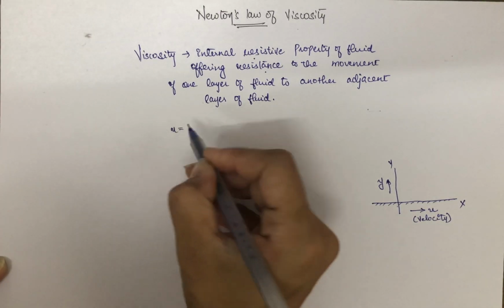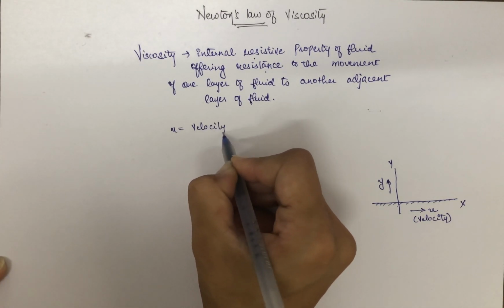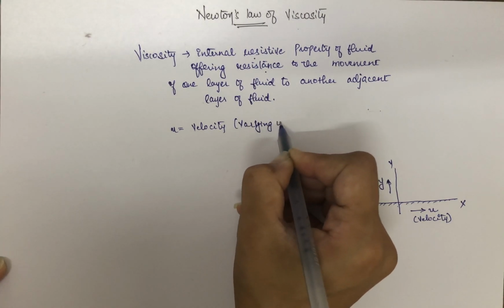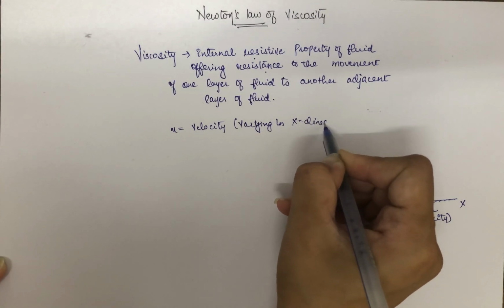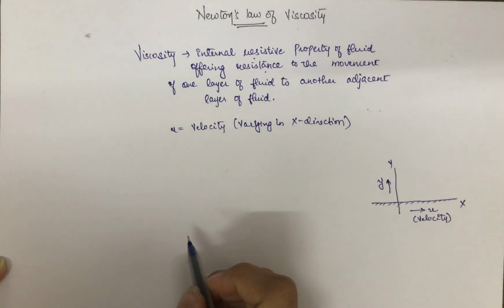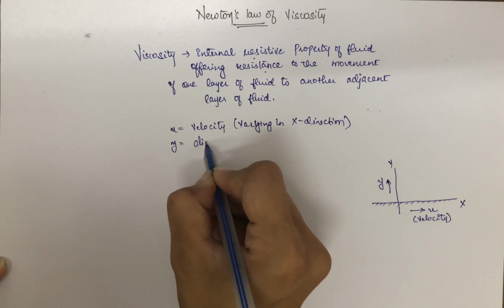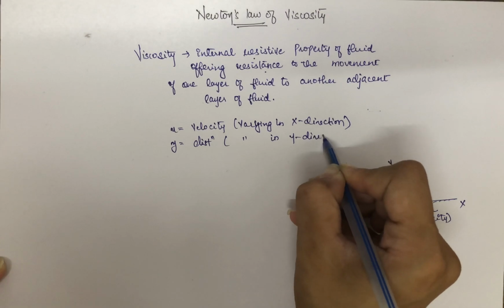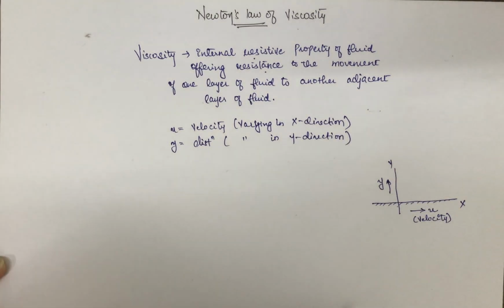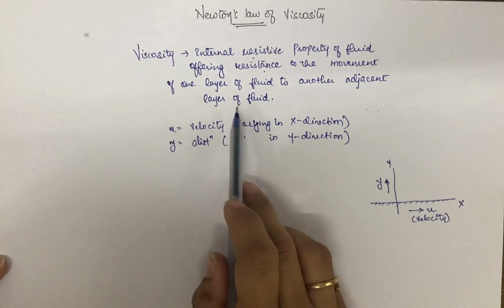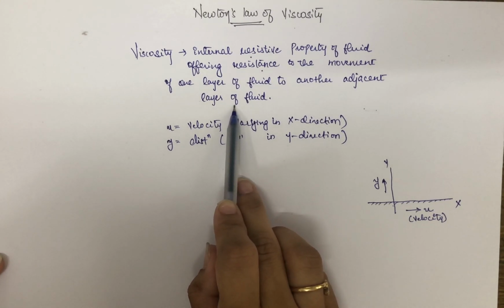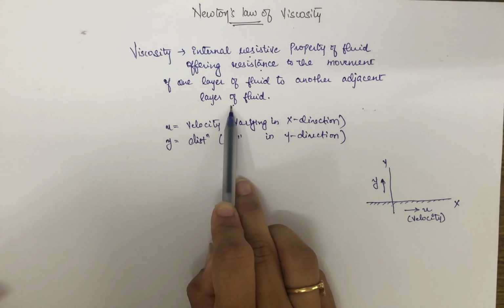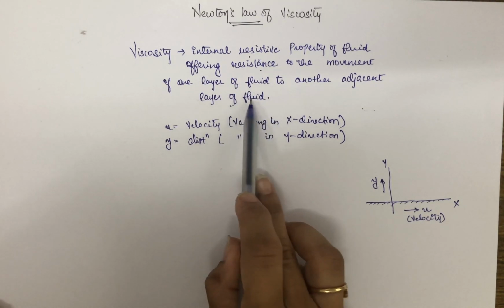Small u is the velocity varying in the x direction, and y is the distance varying in the y direction. When viscosity acts between two layers of fluid, along with the change in relative velocity, it will induce shear stresses between the two adjacent layers.